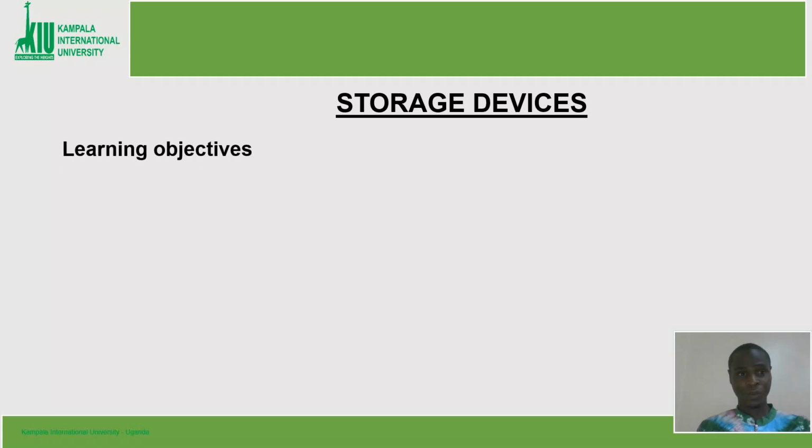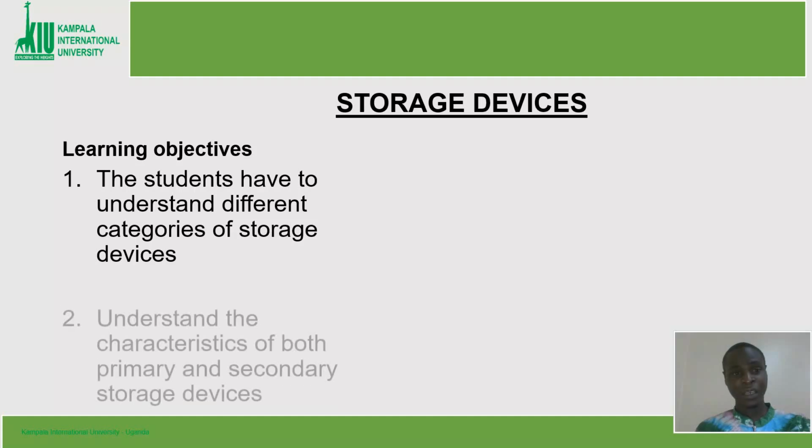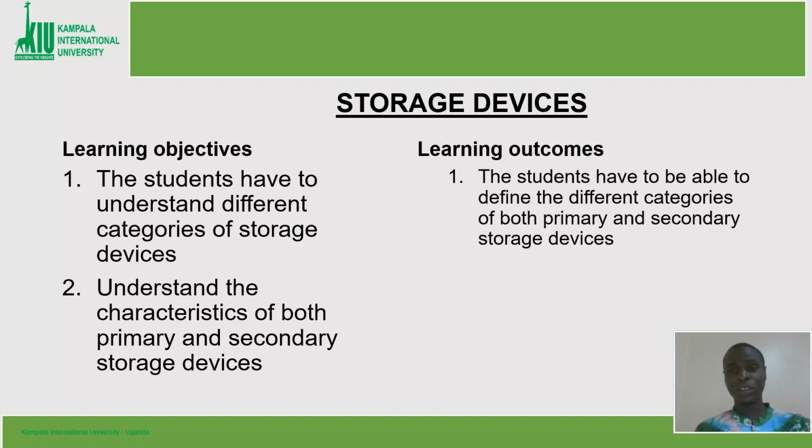Before that, we have learning objectives. The students have to understand different categories of storage devices, and the characteristics of both primary and secondary storage devices. Then we have learning outcomes.